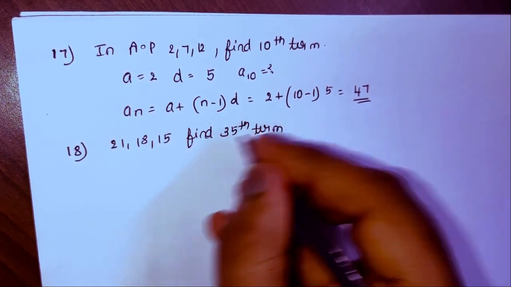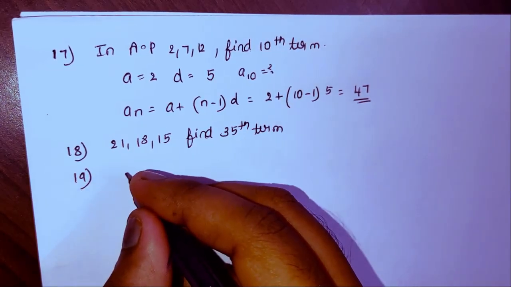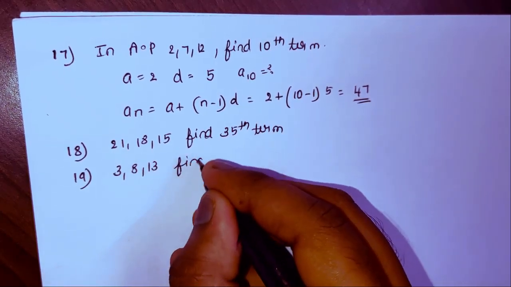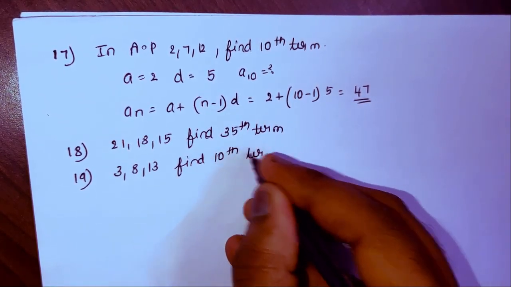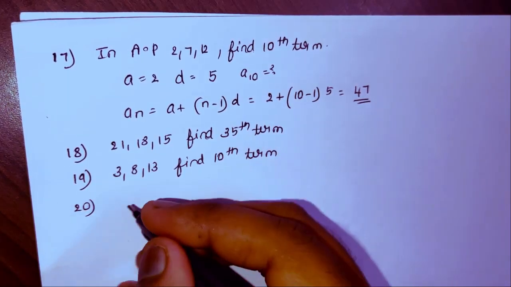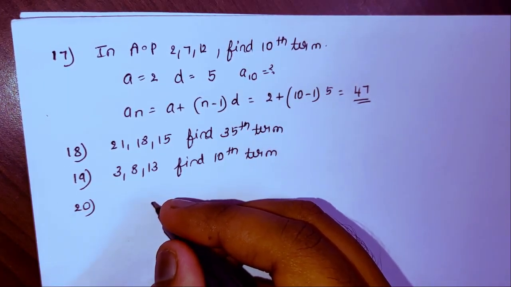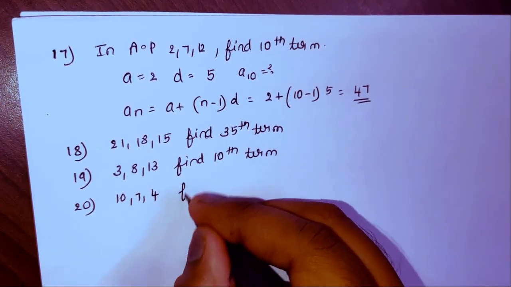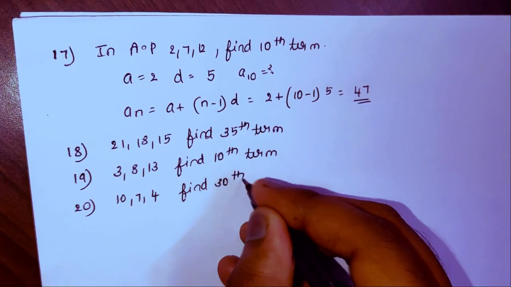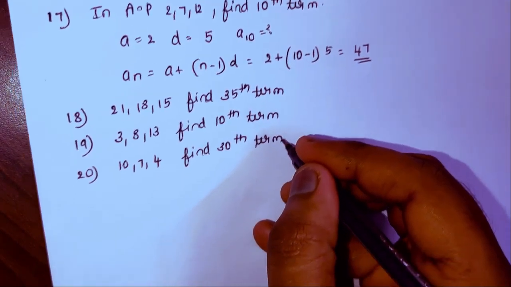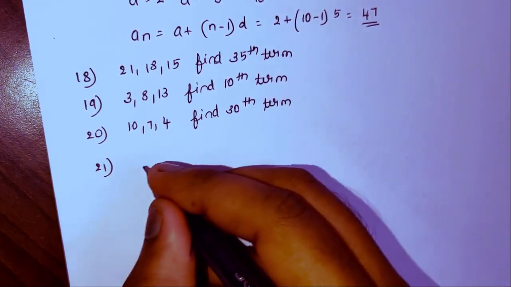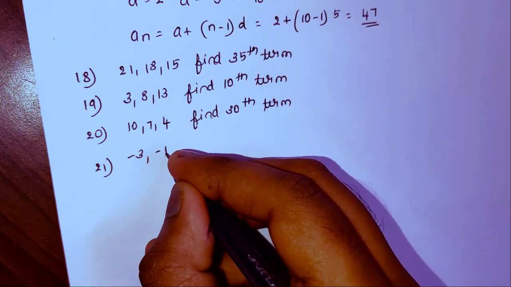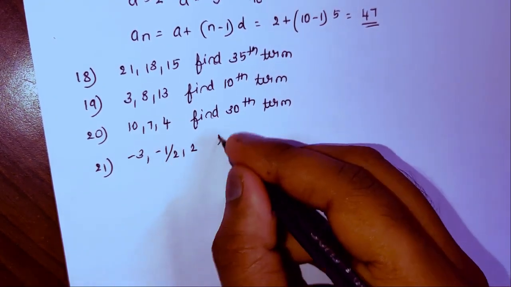Same as the previous question, you have to solve. 19th question, 3, 8, 13, find the 10th term. 20th question, in an AP 10, 7, 4, find the 30th term. 21st question, minus 3, minus 1 by 2, 2, find the 11th term.